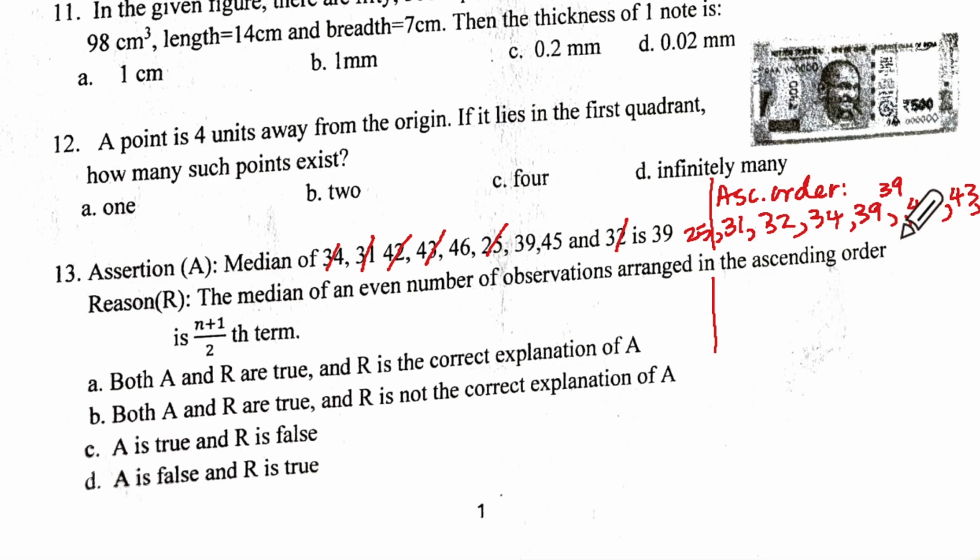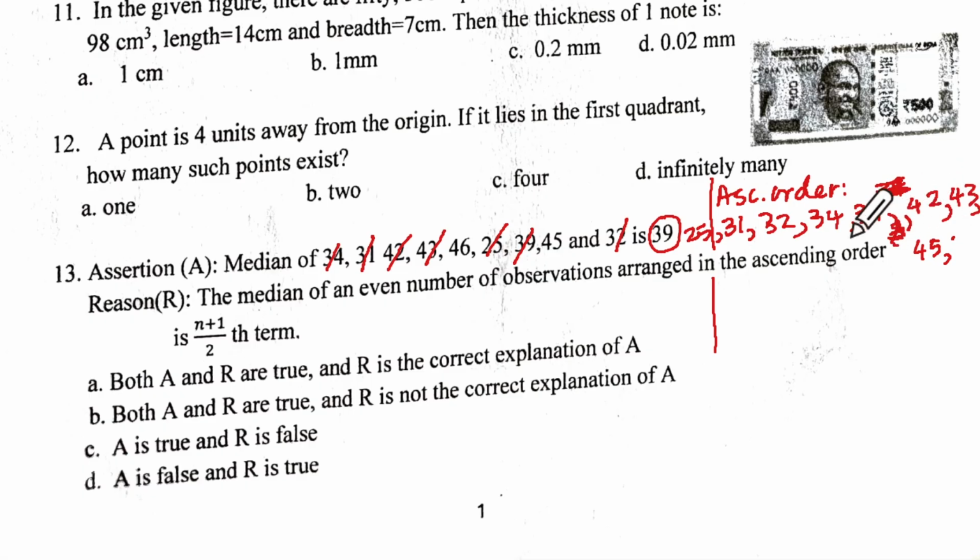Good observation. Okay, 43 and 46, 45. 45 and 39. There's only one 39? Oh my goodness, you read this also? Somebody said there are two 39s.